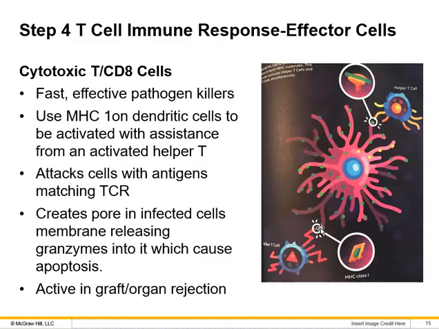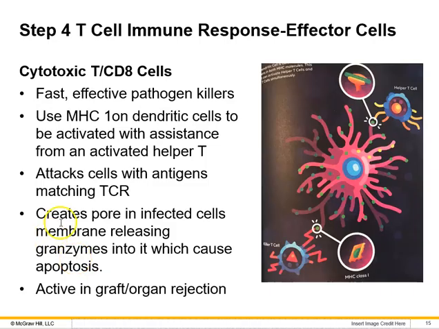And once it binds to something that has the same receptor, it releases chemicals, and those chemicals create a hole in the cell membrane of the infected cell. And then it produces granzymes that are also released into the cell, and it causes the cell to basically commit suicide or apoptosis. All right.